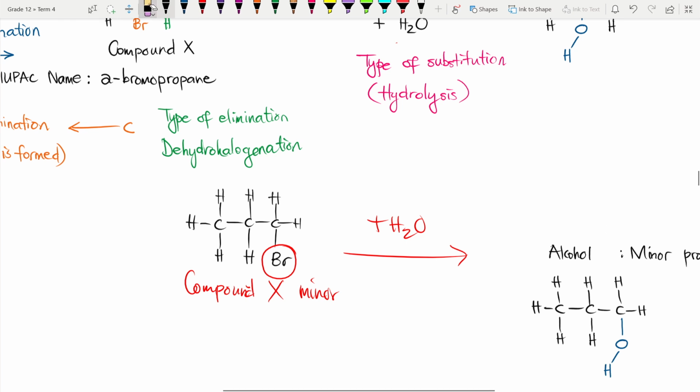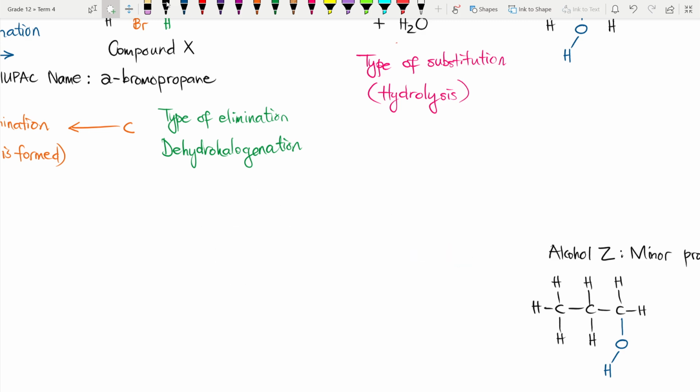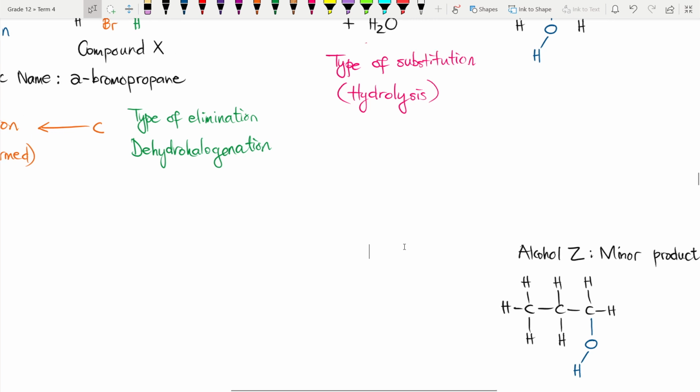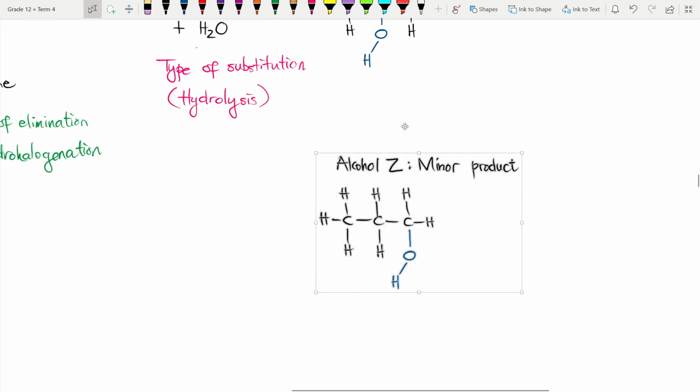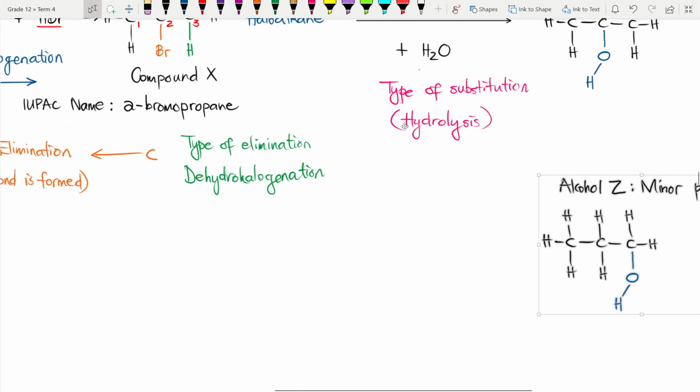Does this part make sense? Yes. Okay, good. So now I can get rid of this one, and then we can show this one because the reaction proceeds forward. It goes to which one?